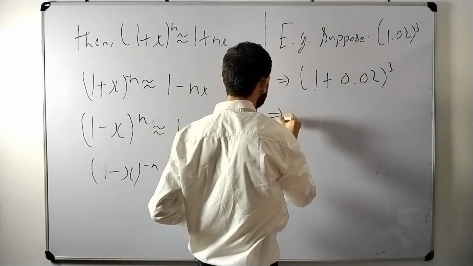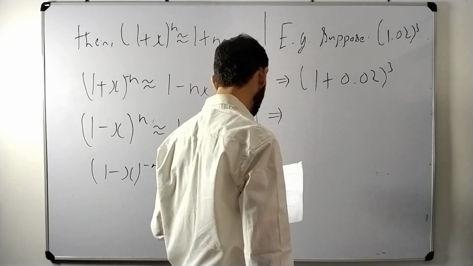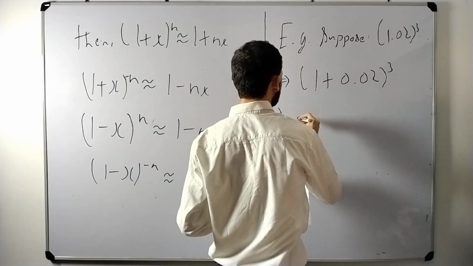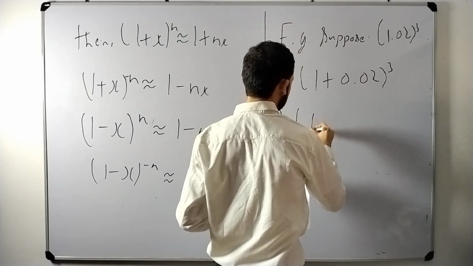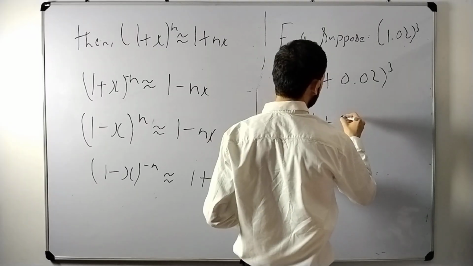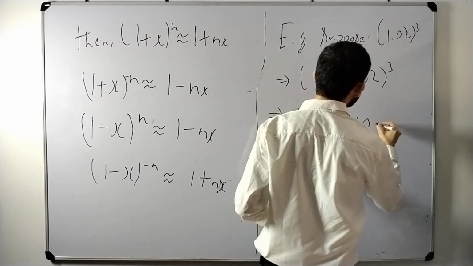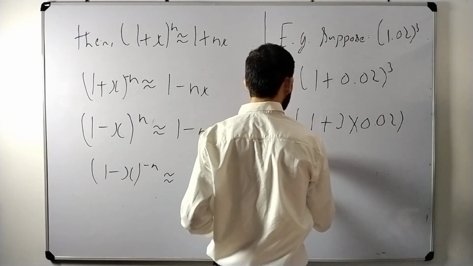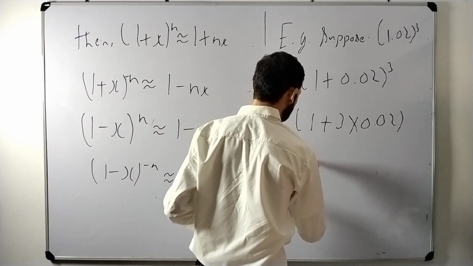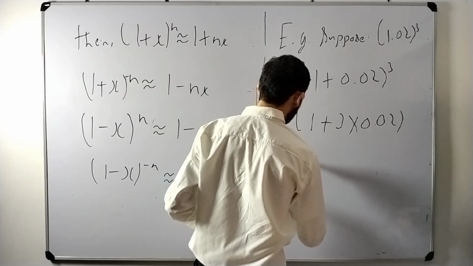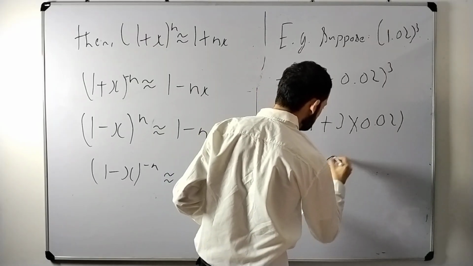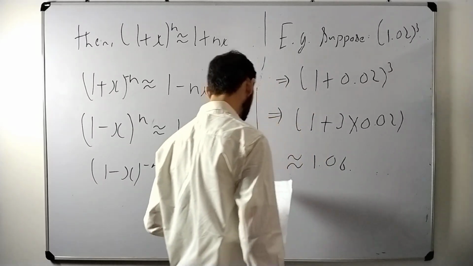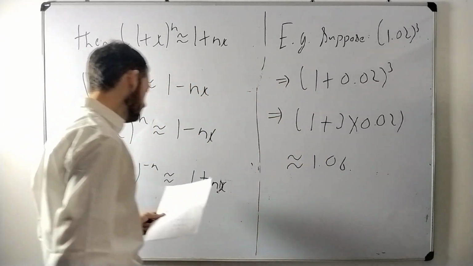Then again I would put into the formula, and this becomes 1 plus 3 times 0.02, and this implies a value of 1.06. Yes, so the answer is 1.06.